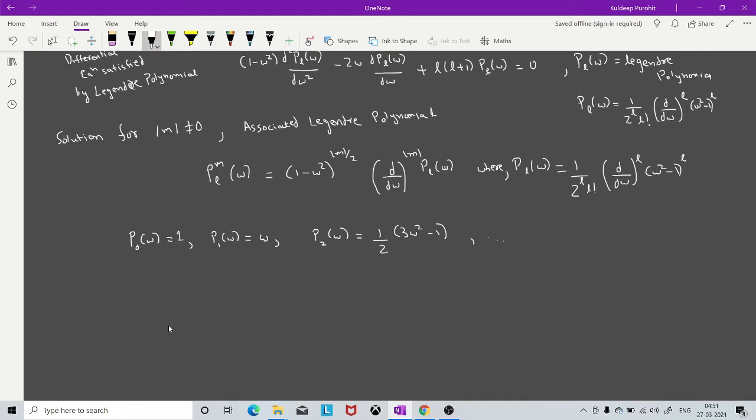So corresponding to this you can find the values of the associated Legendre polynomials. So you can find that for L is equal to 0, you know that the value of m possible is 0, and this will come out to be 1.